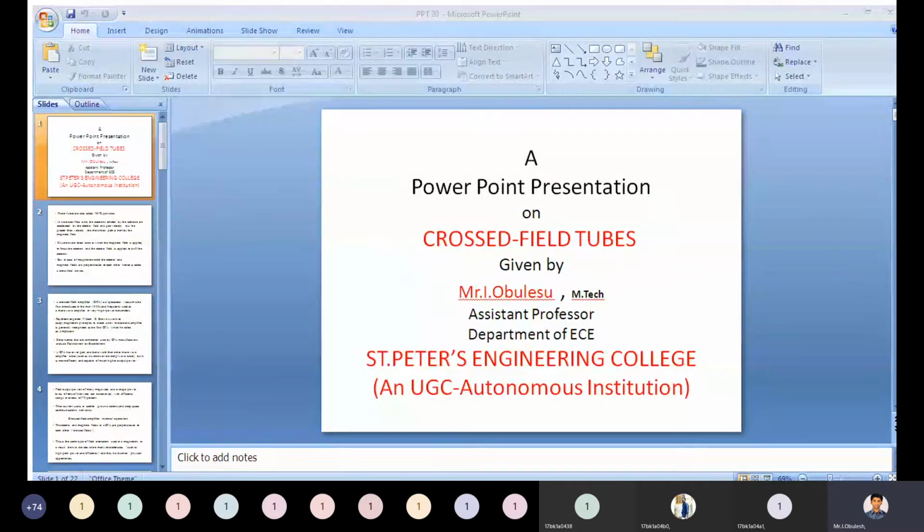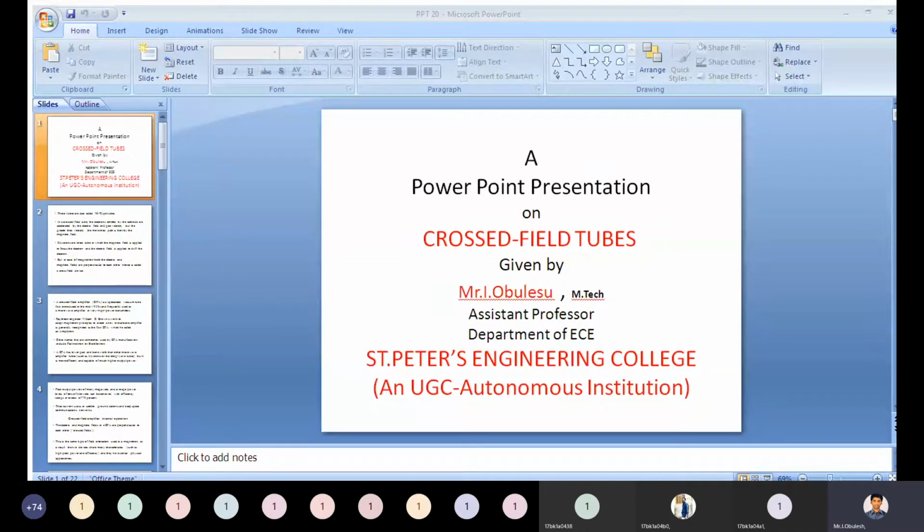Peak output powers of many megawatts and average power levels of tens of kilowatts can be achieved with efficiency ratings in excess of 70%.